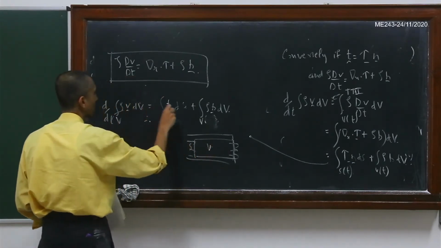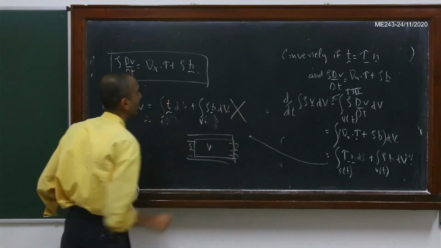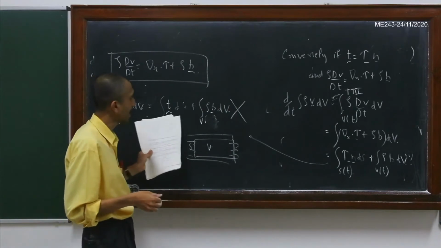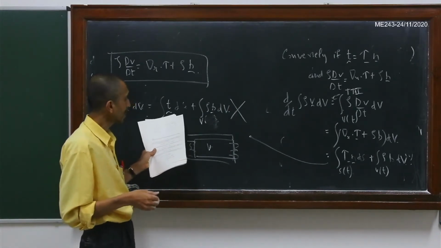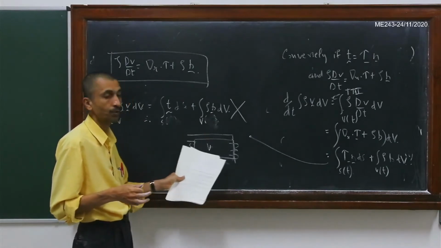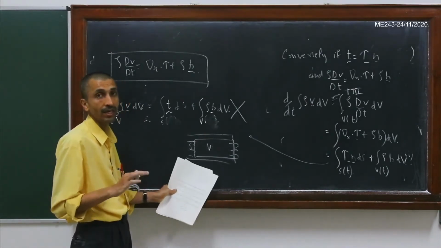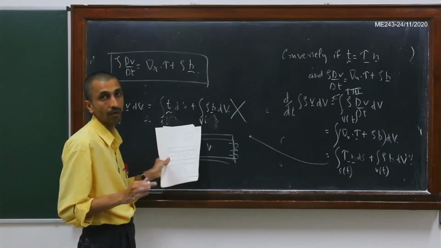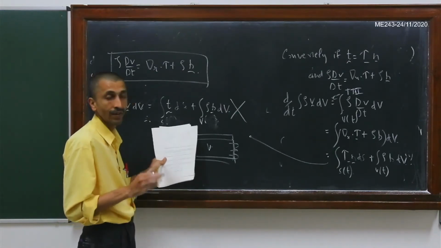So this is not correct. Okay, so this is wrong. Basically, the point here is that we cannot apply the balance laws to a fixed region of space where material is entering and leaving. So these balance laws are applicable only to a material volume, and this is something which is very, very important.